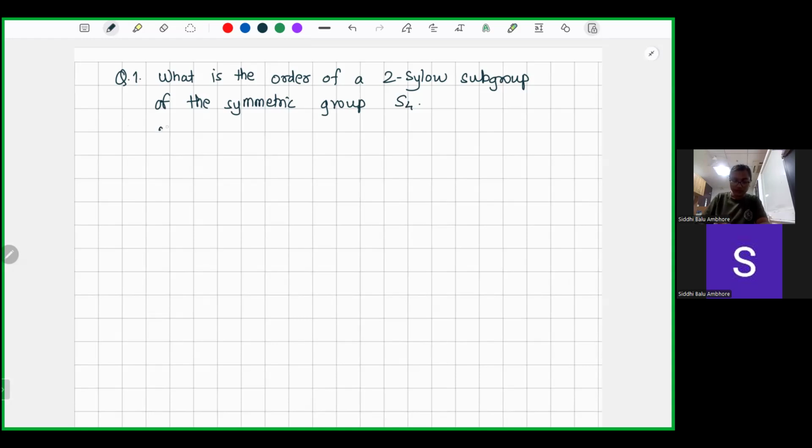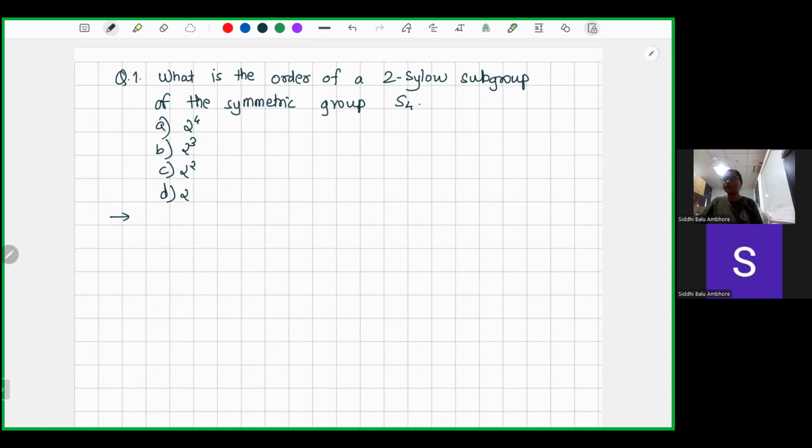The options are: A, 2 power 4; B, 2 power 3; C, 2 square; and D, 2. So this is the question which they have asked, and we have to answer this.